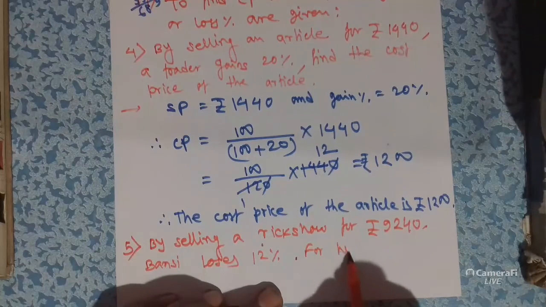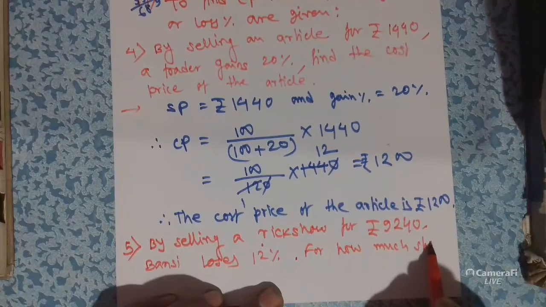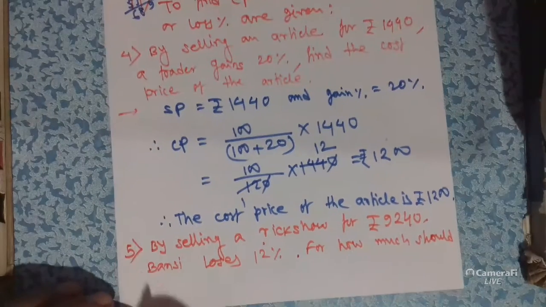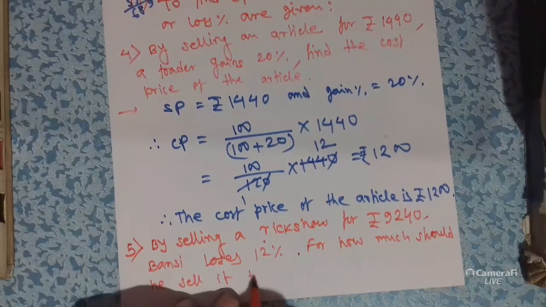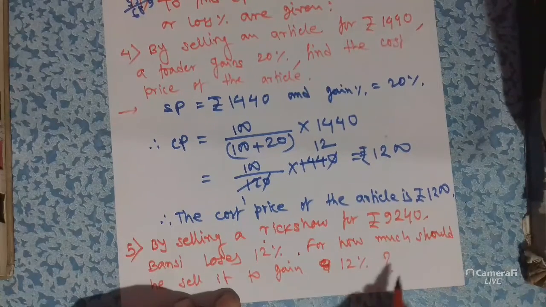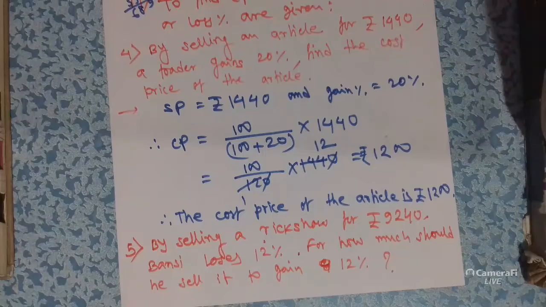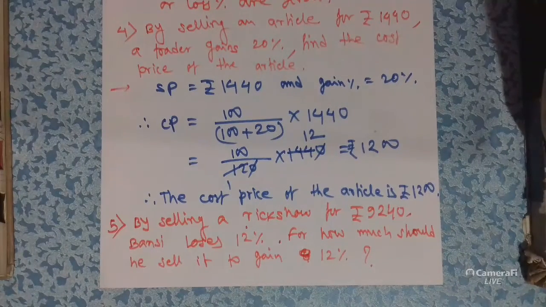For how much should he sell it to gain 12%? By selling a rickshaw for rupees 9240, Bansi loses 12%. For how much should he sell it to gain 12%?